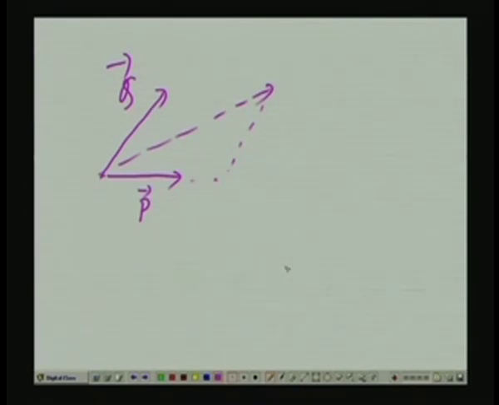Similarly, if it is three dimensional with a vector r pointing out, p q r form a linearly independent set. What is the span of p q r? It is the set of all possible linear combinations of p q r, typically of the form C1p plus C2q plus C3r, which is a vector pointing in the space, and you plug in any value of C1, any value of C2, any value of C3, you get some particular point in the 3D space.